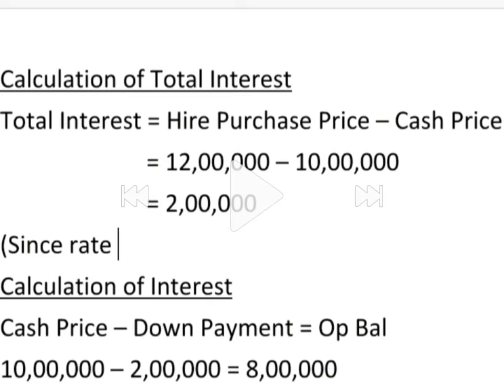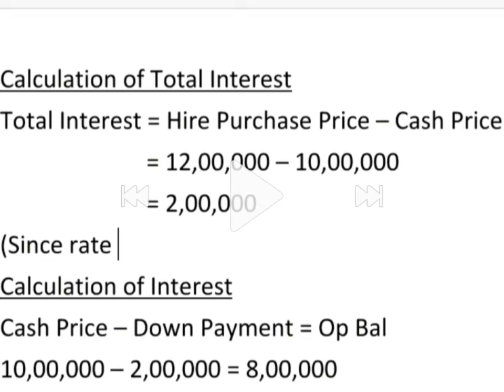Suppose in any case there are 3 years for payment of installment, then the ratio will be 3:2:1 for allocation of interest. If there are 5 years, then the ratio will be 5:4:3:2:1. Students, in this case the ratio is 4:3:2:1. Why are we dividing interest in this ratio? The reason is that it is believed that the interest in the first year is the highest.